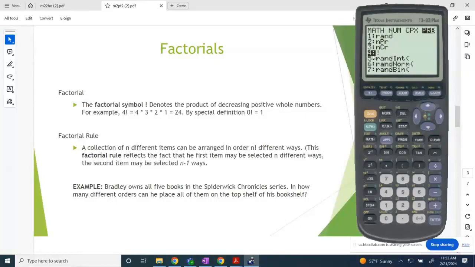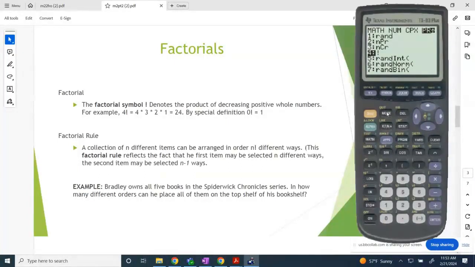The fourth function is a factorial. The second function, where you see NPR, that is called a permutation. And NCR is a combination. All right. And then function number 4 is a factorial.